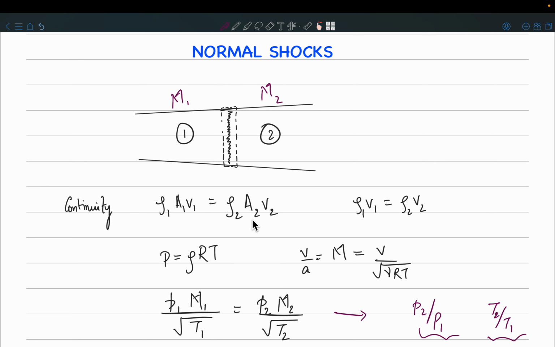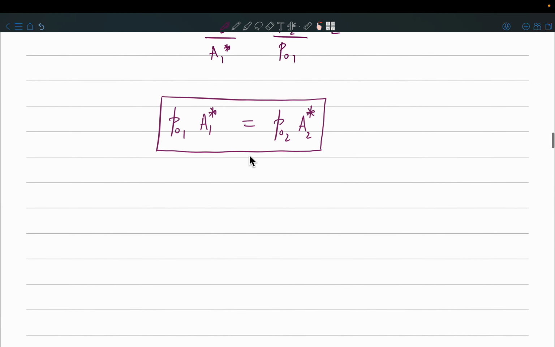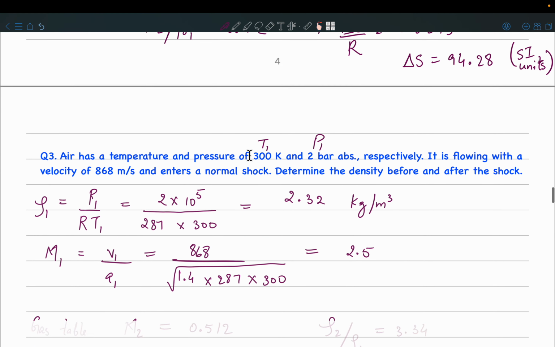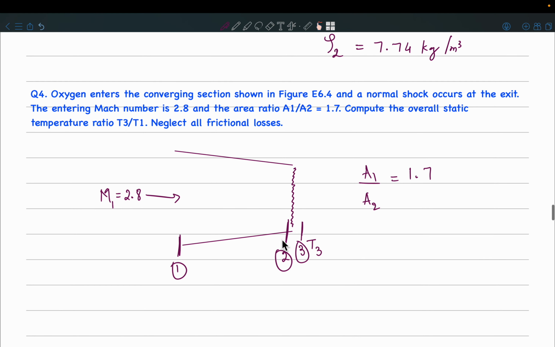All these relations that we have calculated are valid only just after and just before the shock. So if I can calculate temperature ratios T2 and T1 like that, coming back to this question, you can calculate T3 by T2 using the shock relations, but they have asked us to calculate T3 by T1. Okay, so how do we proceed?